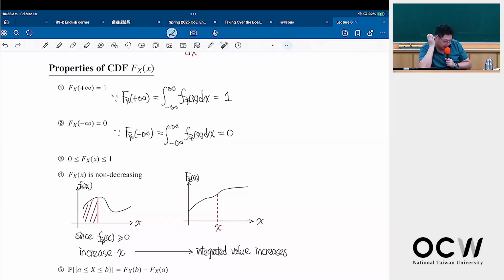So now, how do we find the probability of X being between A and B? We can use the PDF, but we can also use the CDF because CDF is the probability.